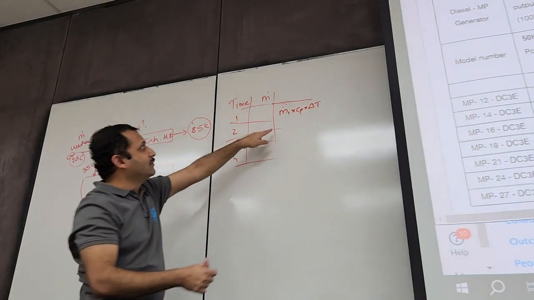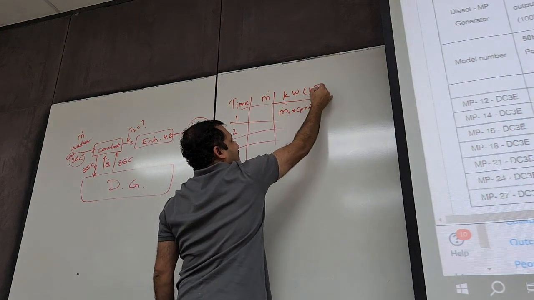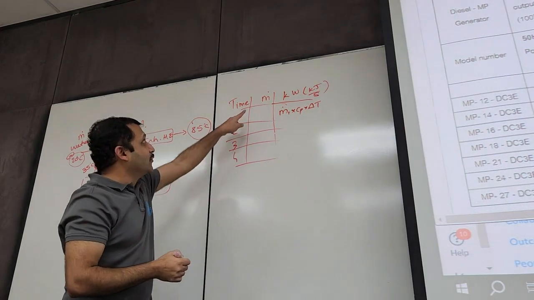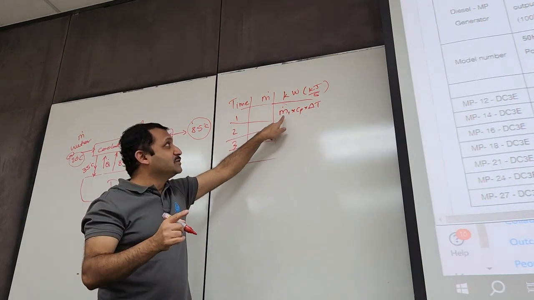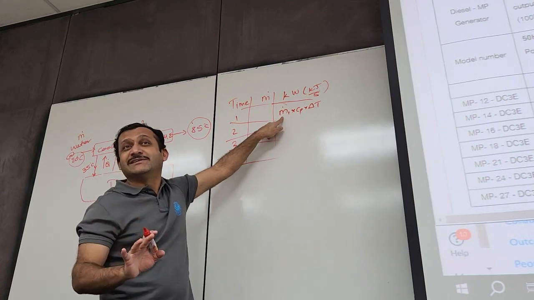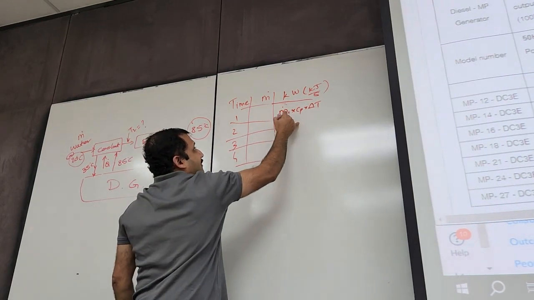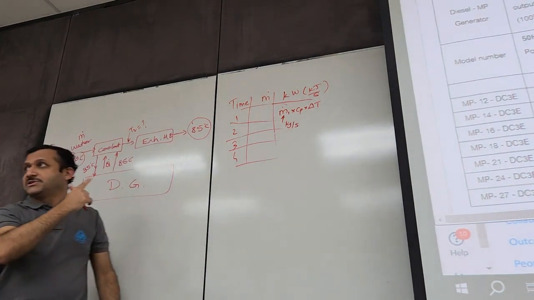Yeah? And that will give you kilowatts, which is nothing but kilojoules every second, if you use mass flow rate in kilograms per second. If you use mass flow rate in kilograms per hour, it's not kilowatts. Okay? So maybe I'll write that here. That's kilograms per second. You want to take a picture? Anyone?